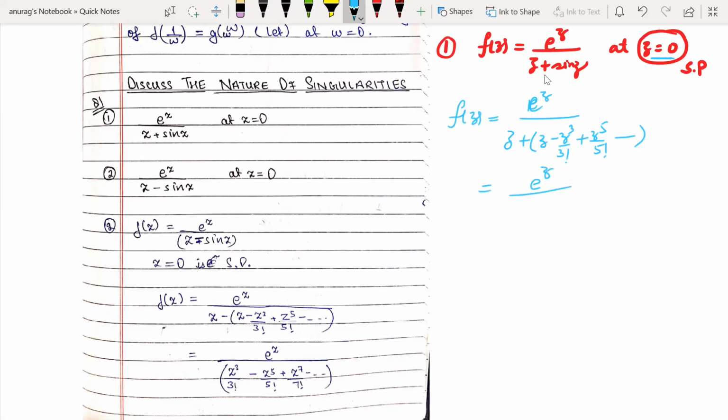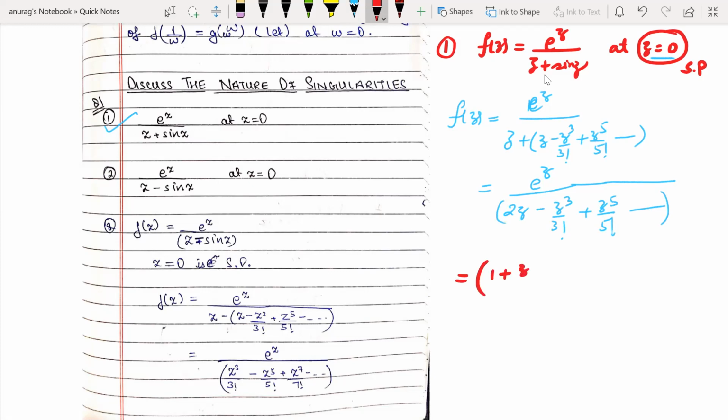So e to the power z over, the second part's solution is given here, and I'm trying the first part here. So the denominator is 2z minus z cube by factorial 3 plus z to the power 5 by factorial 5 and so on.